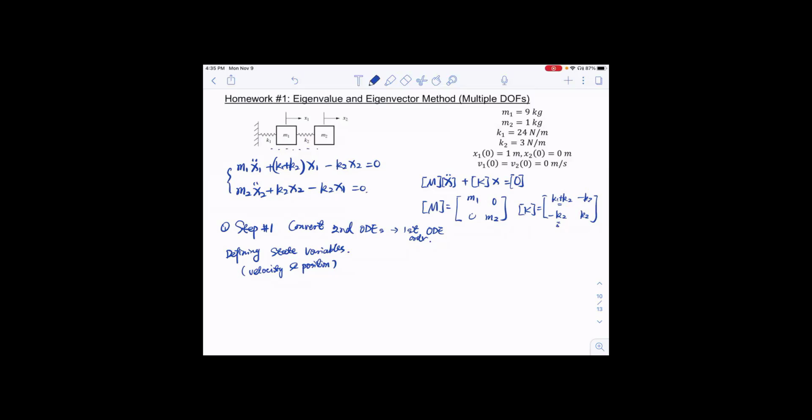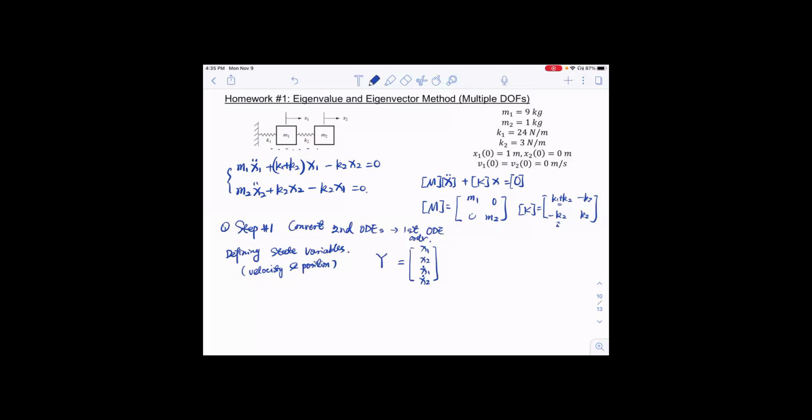Let's use a state variable y, and let's say y is x1, x2, x1 dot, x2 dot. Here you can see that your column vector is a state vector. It contains all the state variables, position and velocity.